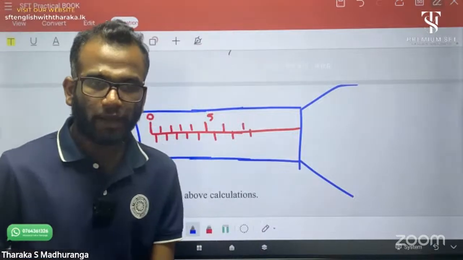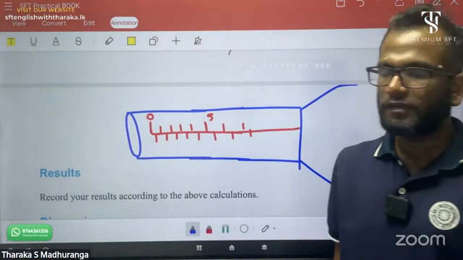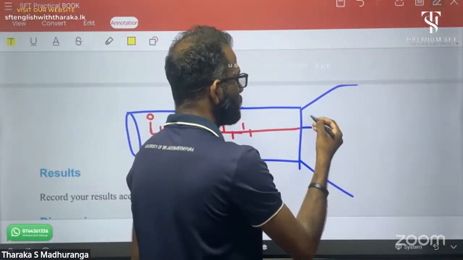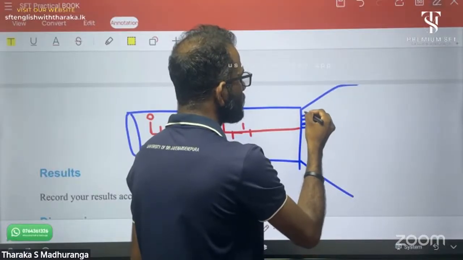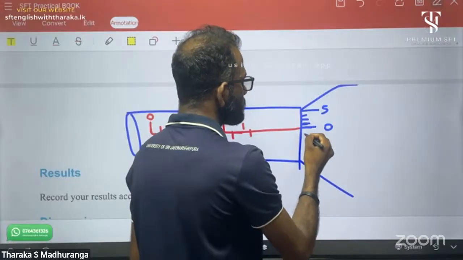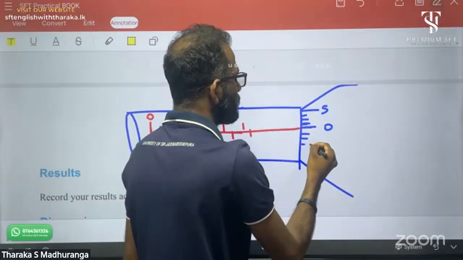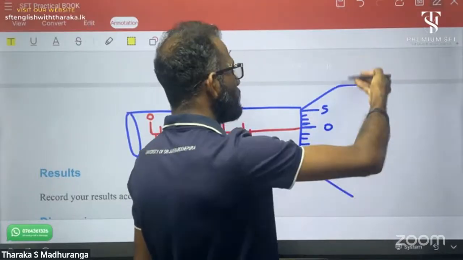The main thing is this micrometer screw gauge consists of a circular scale. The circular scale consists of 50 identical parts in a normal regular instrument. These 50 parts increase in this direction: 5, 10, 15 and continue up to 45, 49.